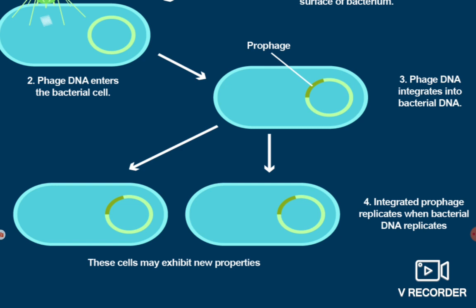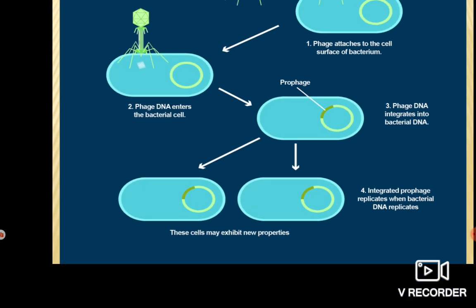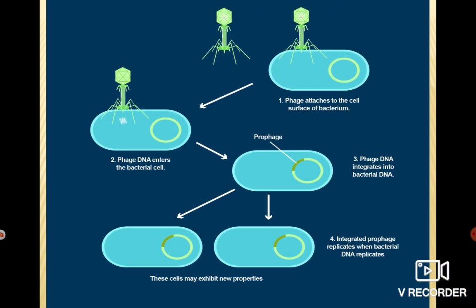This cell may exhibit new properties, meaning the bacterial cell shows new properties or a change in its properties. This is due to the DNA of this bacteriophage. This is called transduction, meaning the property of the bacterium changes due to the DNA of the other bacterium which is carried by this virus.